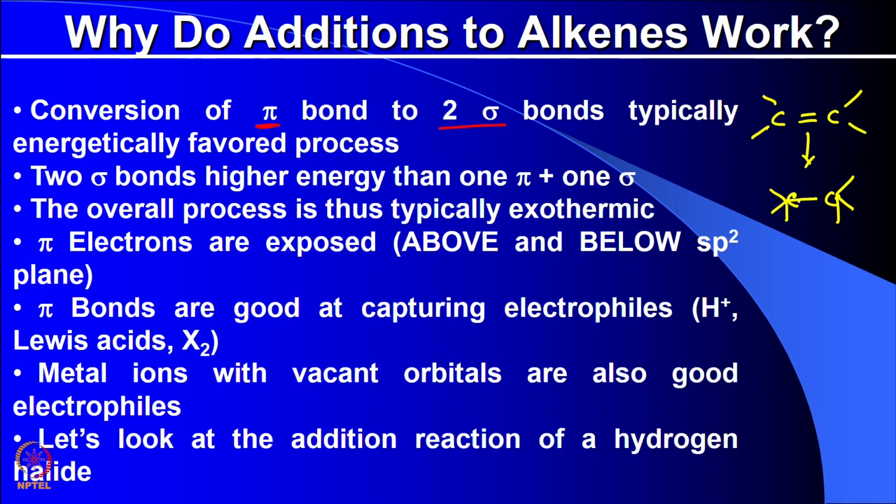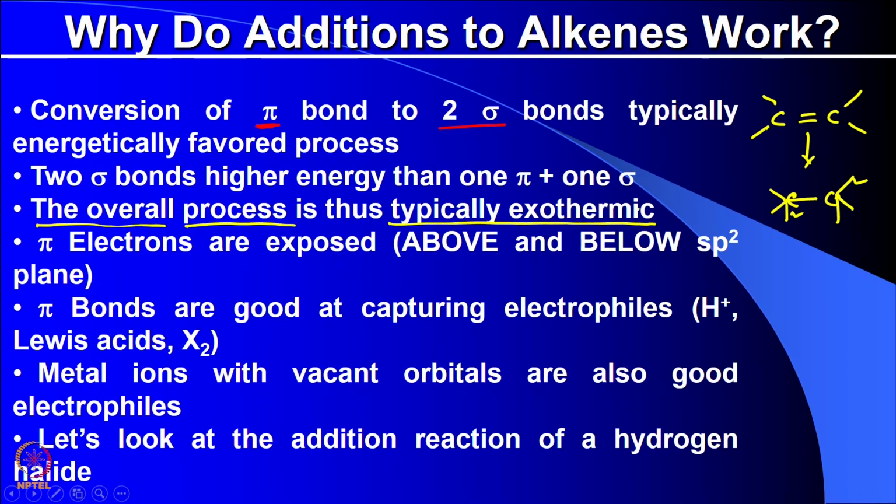So what has happened is we removed one pi bond and created two sigma bonds, and normally this process is energetically favored. The two sigma bonds are lower in energy than one pi and one sigma bond. So as a result, in general, the overall process is typically exothermic.